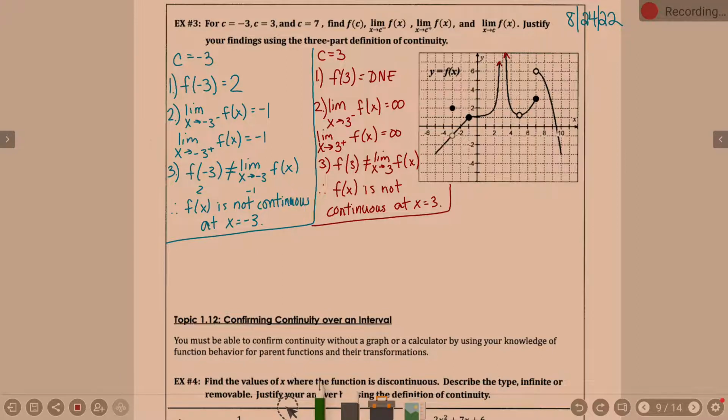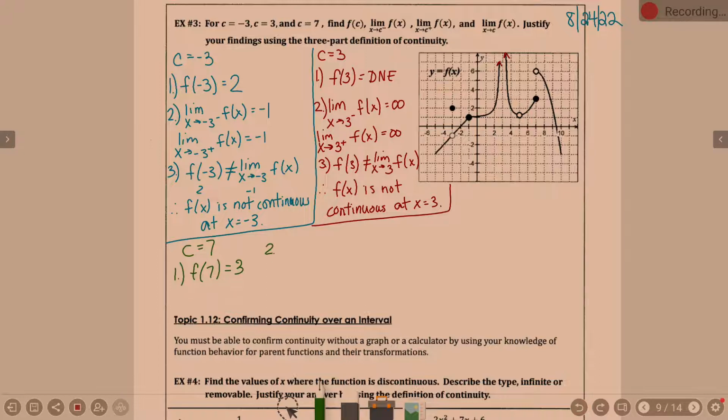Okay, repeat the process one more time. This time we're looking at c equals 7. So, what is f of 7? F of 7 is defined to be 3. I have to go across here.